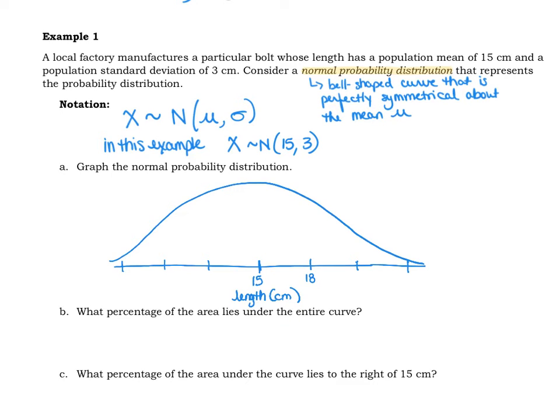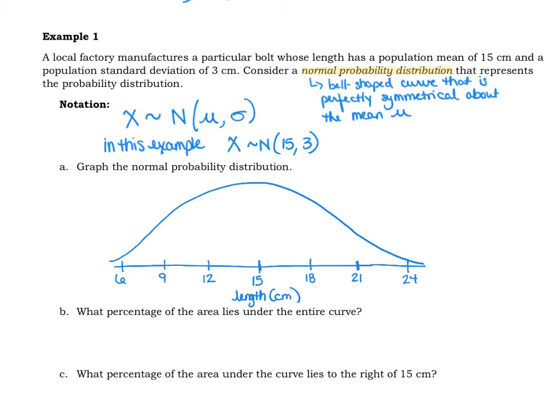Going another standard deviation to the right, to the next mark on the page, that would be 21 centimeters. And moving to the right again, that would be 24 centimeters. Similarly, moving to the left, starting at 15 and going down a standard deviation, that would be 12 centimeters in length, then 9, and then 6.